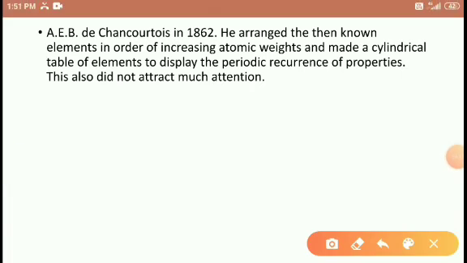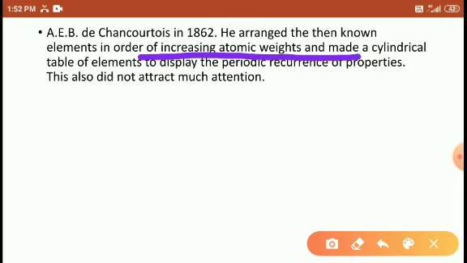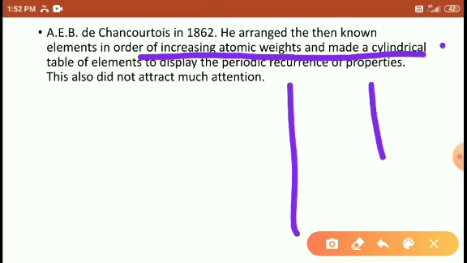Afterwards, one more scientist came, students, his name is A.E.B. de Chancourtois. The name is very difficult for me to pronounce. He arranged the elements in the order of increasing atomic weight on a cylinder.